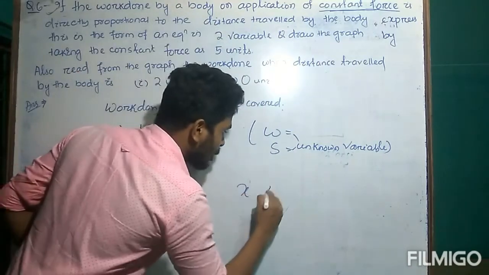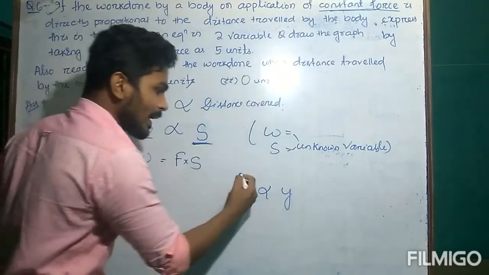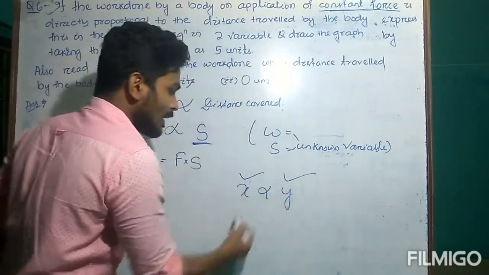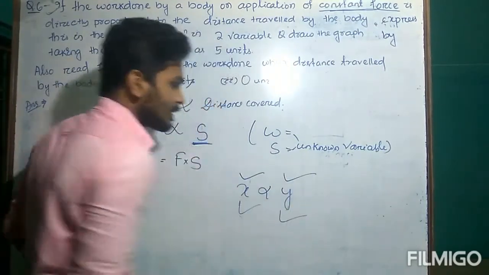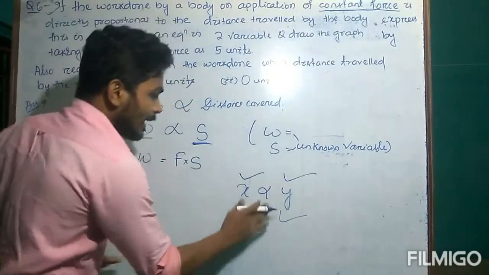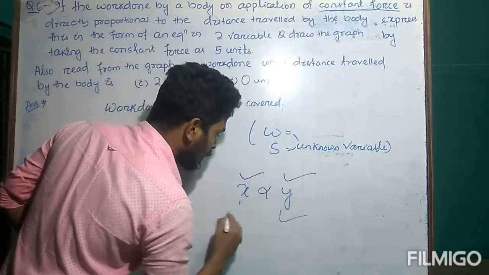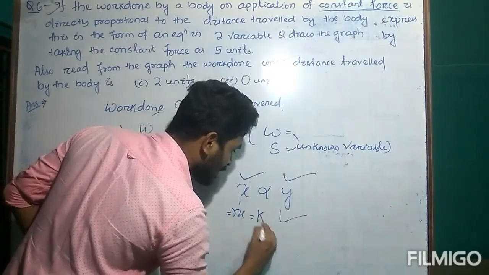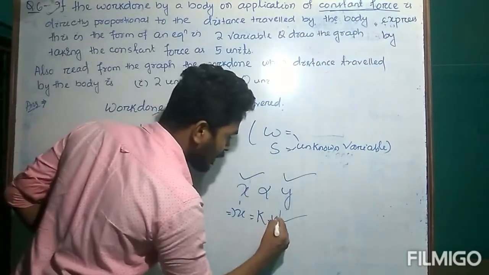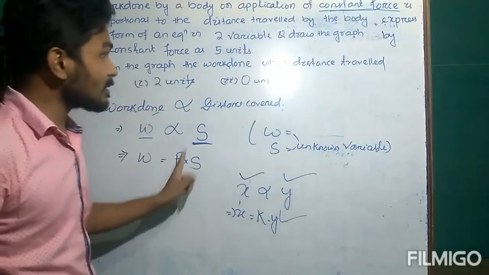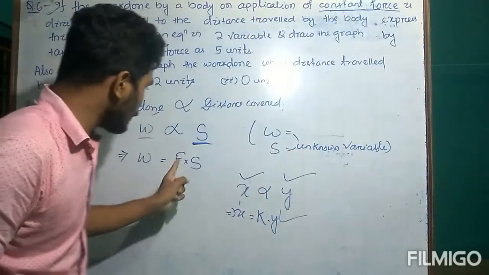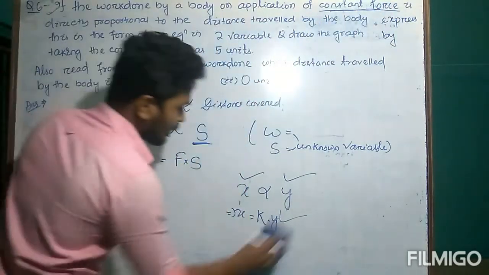Suppose x is proportional to y. It means if x increases, y increases; if x decreases, y decreases. This is the directly proportional concept. Then in order to equate these two terms, you have to use a constant term k with y. Here the constant term is the constant force, so I use F into S.